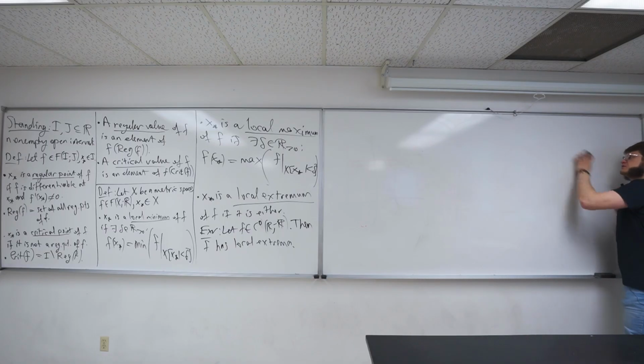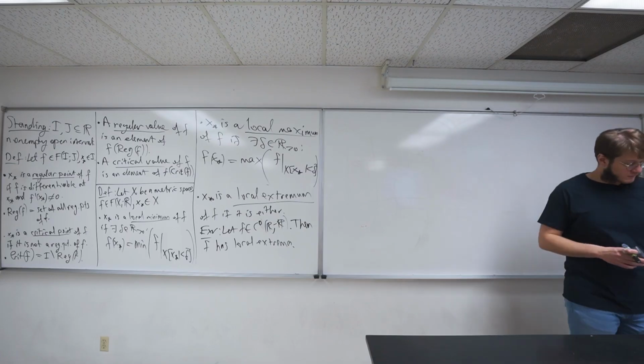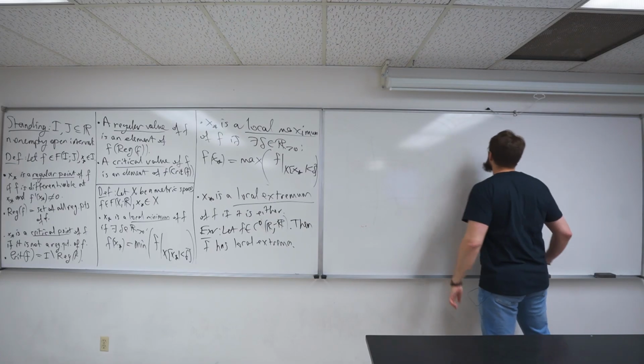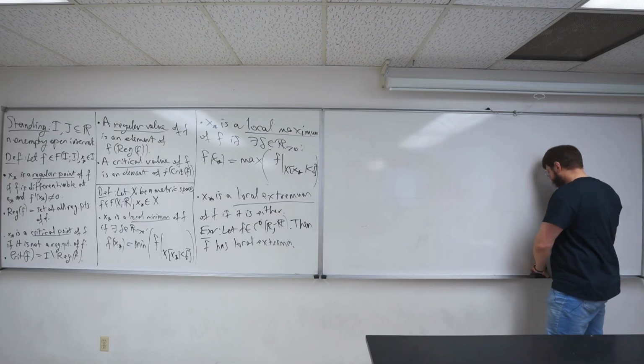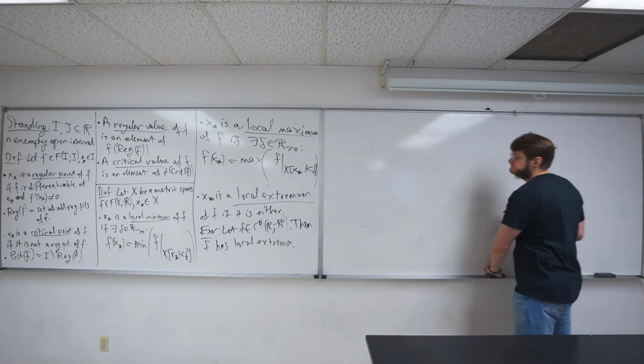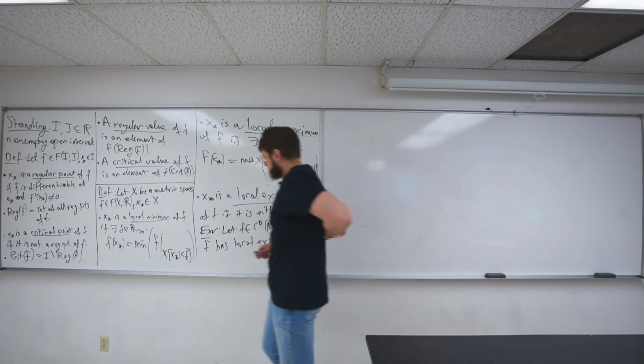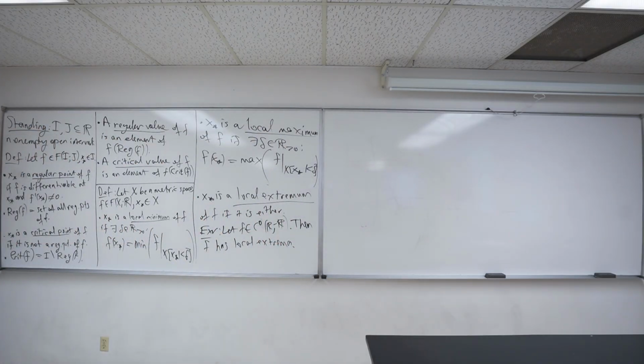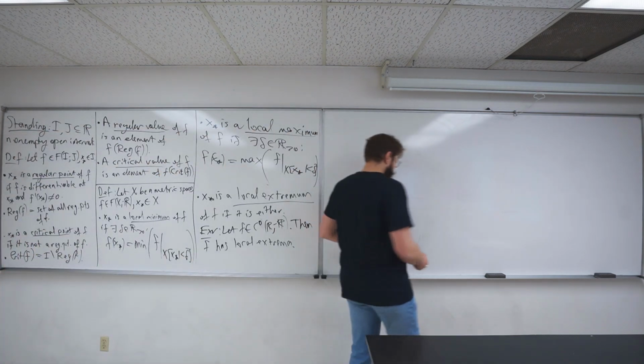Do I need to assume that it is continuous? Let's see. I guess I do. If I have a continuous function on the open interval I, and if x star is a local extremum of it, then x star is also a critical point for the same function.